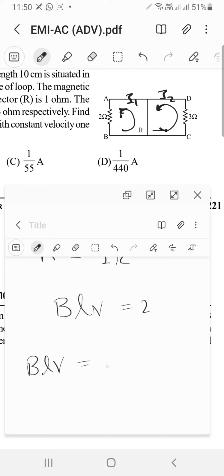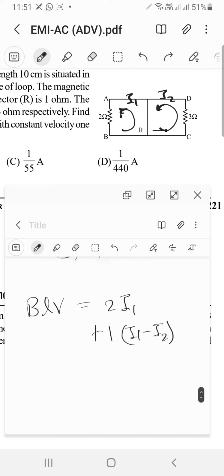So you can say, fine, BLV, the flux change, that should be this 2 ohm resistor times I1, so 2 I1, and then what's the potential drop in this thing? R is 1, so plus 1, and the current is I1 minus I2. Yeah, that's like it.